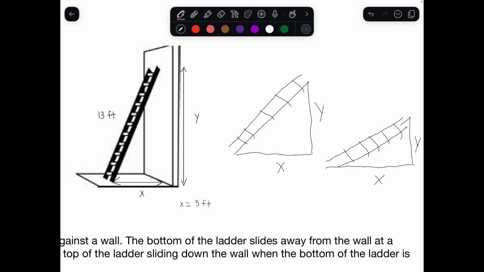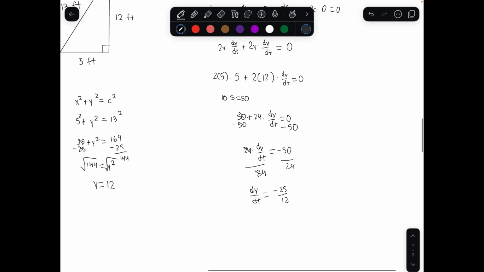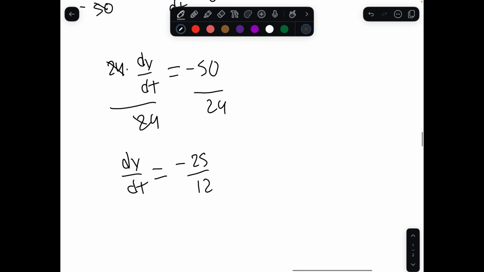And since y is decreasing, that means its rate, the change in y with respect to time, is going to be negative. And our answer supports that. And let me add units: negative 25 feet per second.